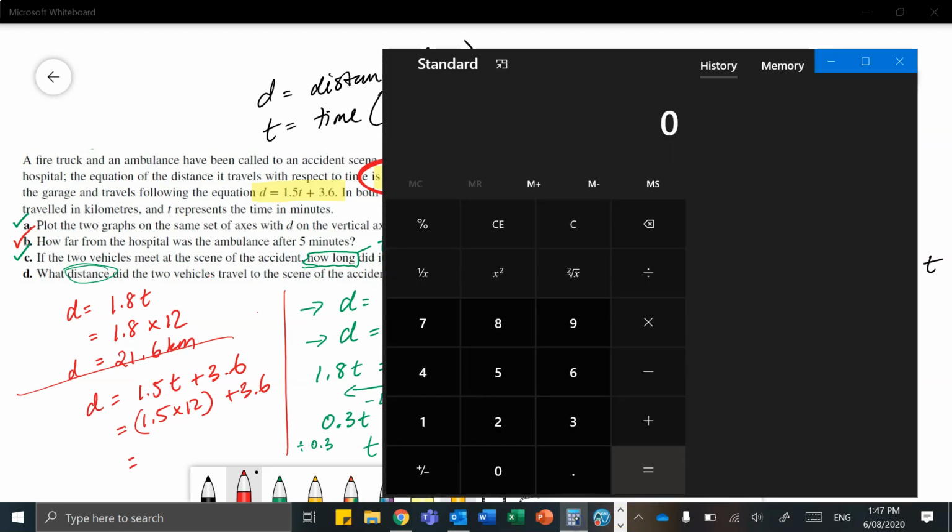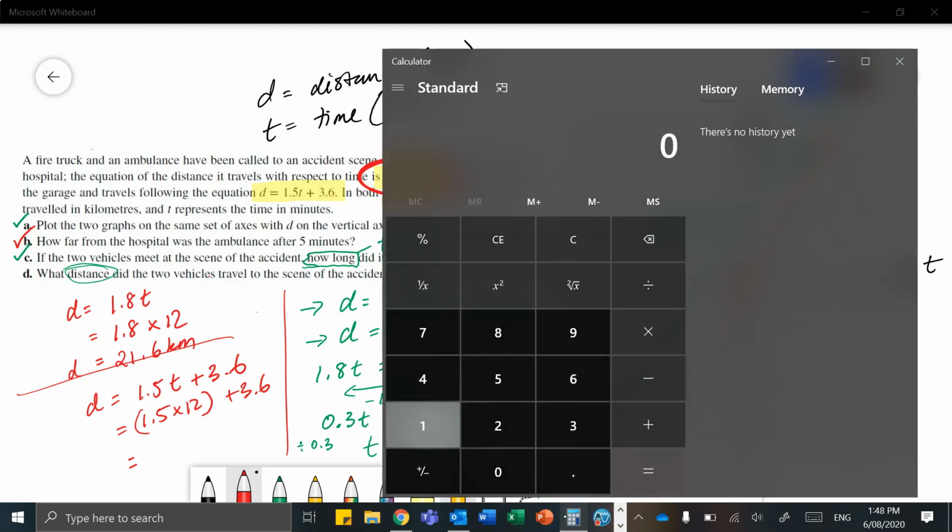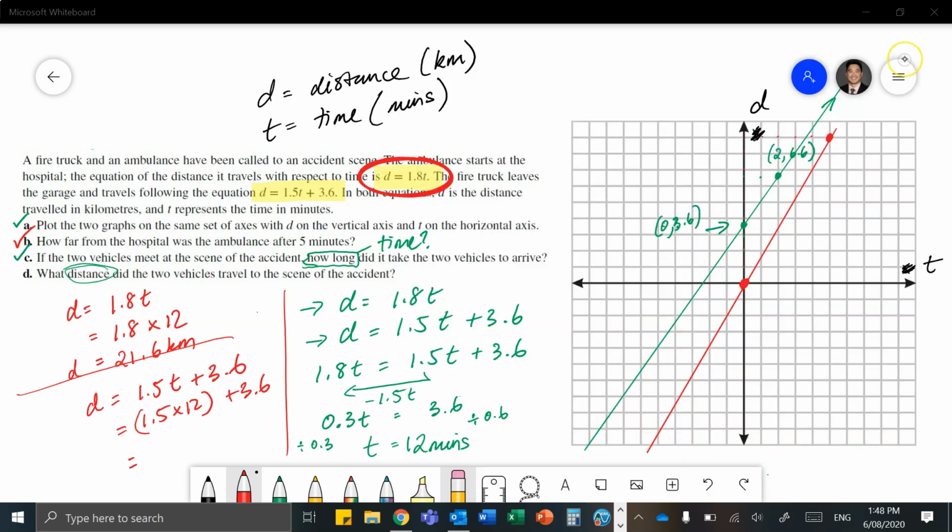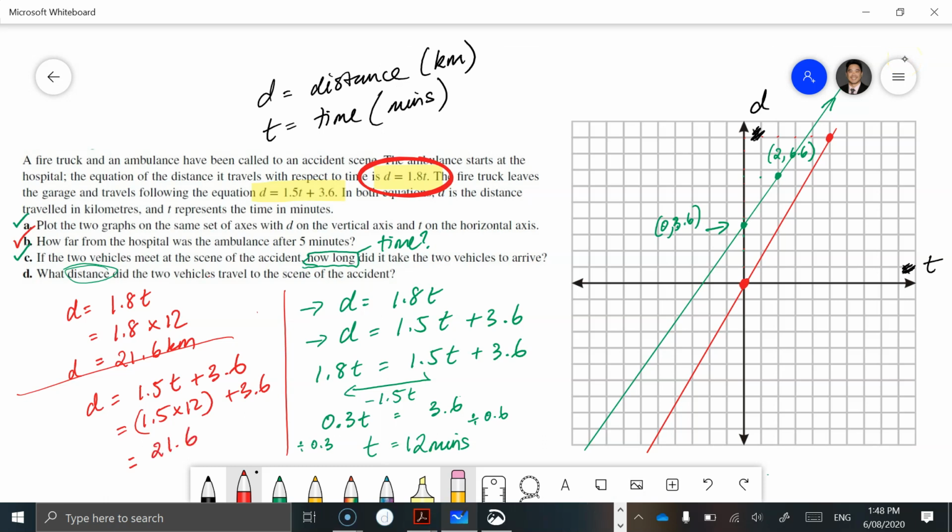So let's get the truck out, and we'll go 1.5 times 12, that is equal to 18. 18 plus 3.6 is equal to 21.6. Okay, so they both traveled 21.6 kilometers to get to where they need to be, and they both took 12 minutes to get there.